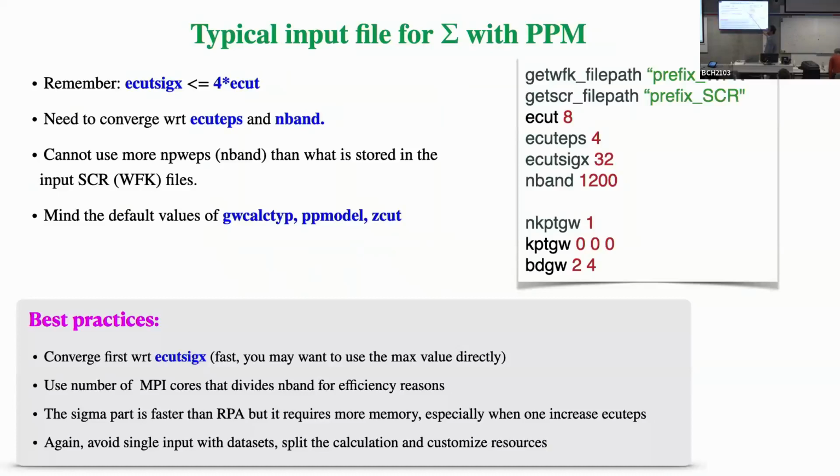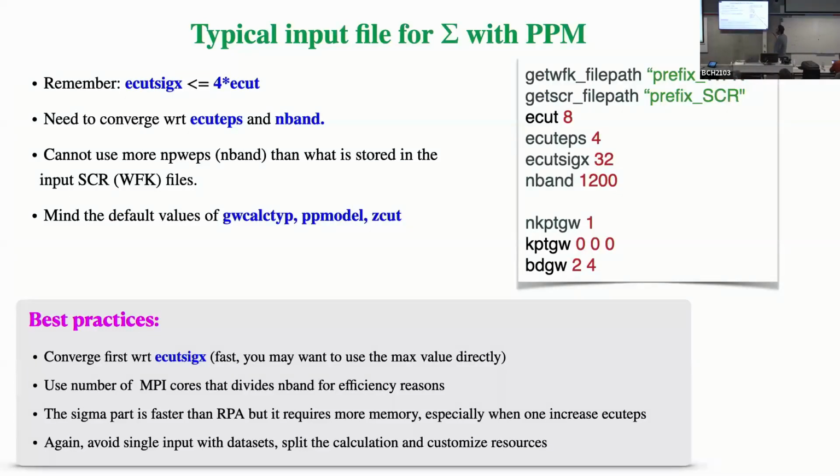Typical input file for a self-energy calculation with the plasmon pole. In these two lines, we specify the path to the wave function file and the screening file containing the static limit and another point on the imaginary axis. This is the cutoff for epsilon when we build the self-energy. This is the cutoff for the exchange part.